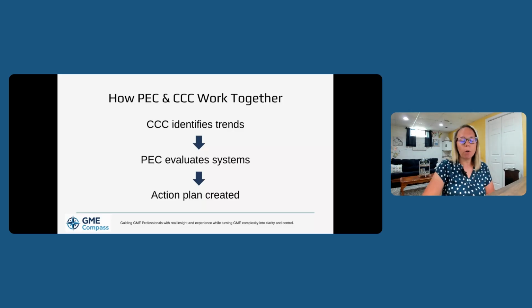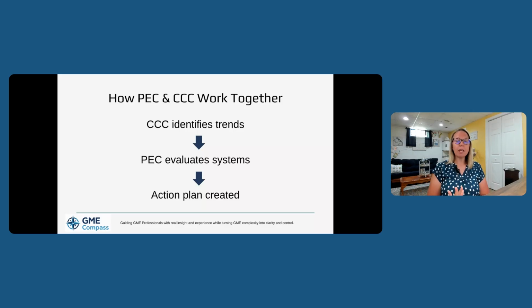So this is important. The PEC and the CCC should communicate. And this is where it gets confusing. It can get confusing for even the most tenured program coordinator and manager, but especially if you're a newer program coordinator and manager trying to wrap your head around all of this. They should communicate. What they shouldn't do is become the same committee. For example, if a CCC notices that multiple residents are struggling procedurally, that could suggest a curriculum issue.